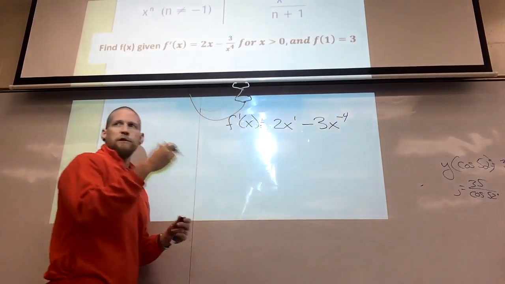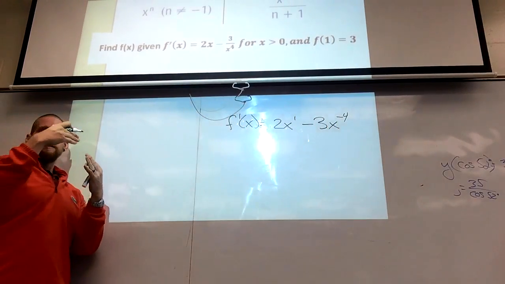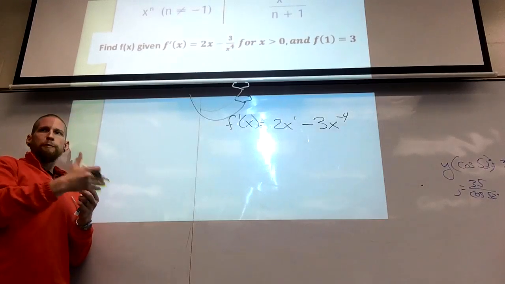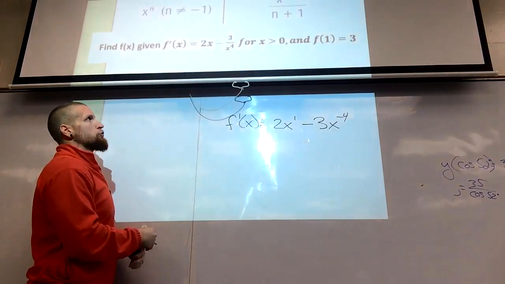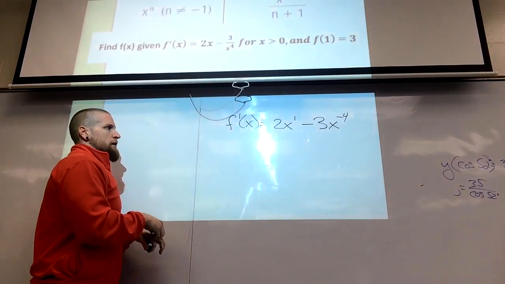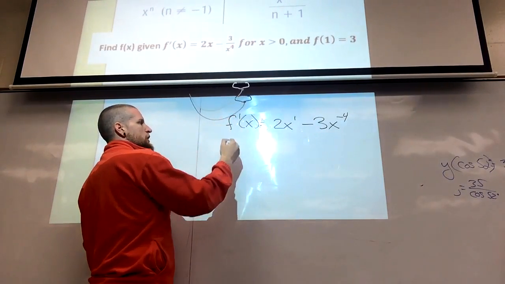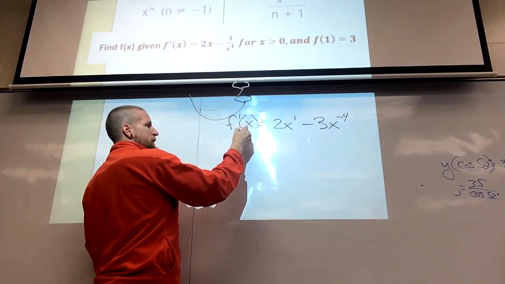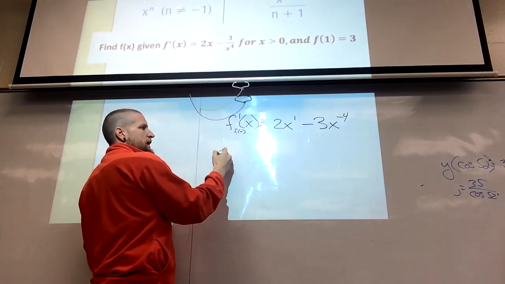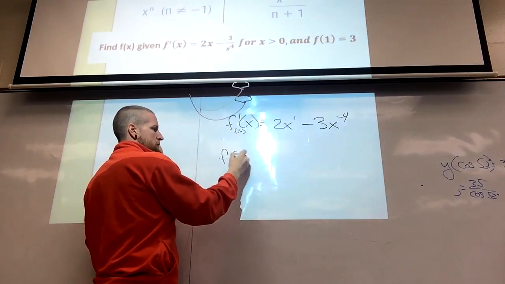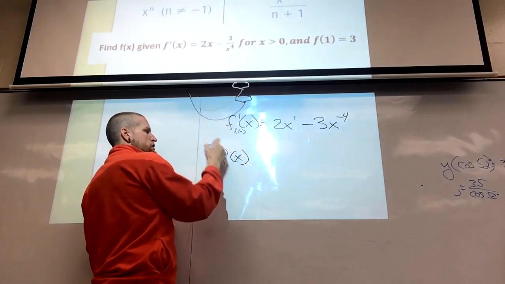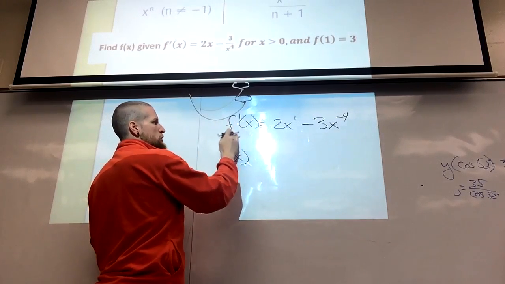All right, so the first thing I would do is I write them all so it's like a variable raised to a specific power, so then I can apply the rule that's up there to it.